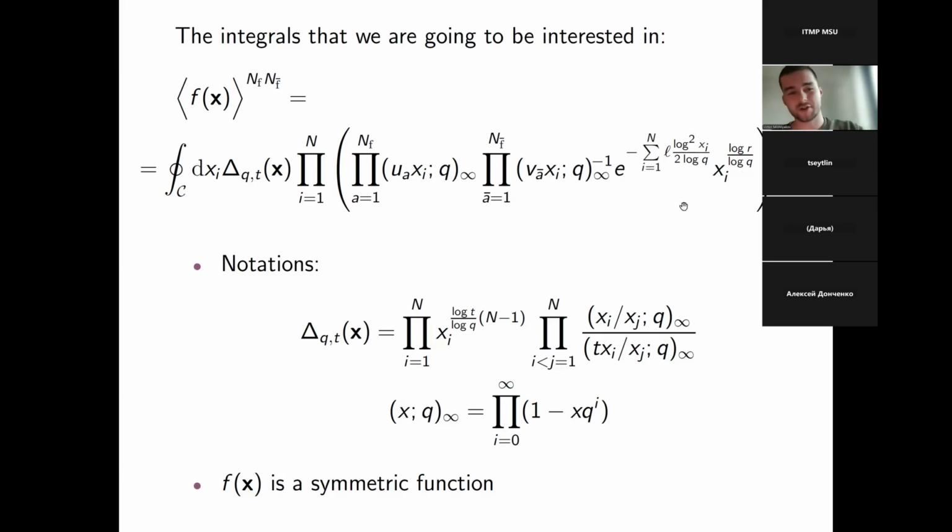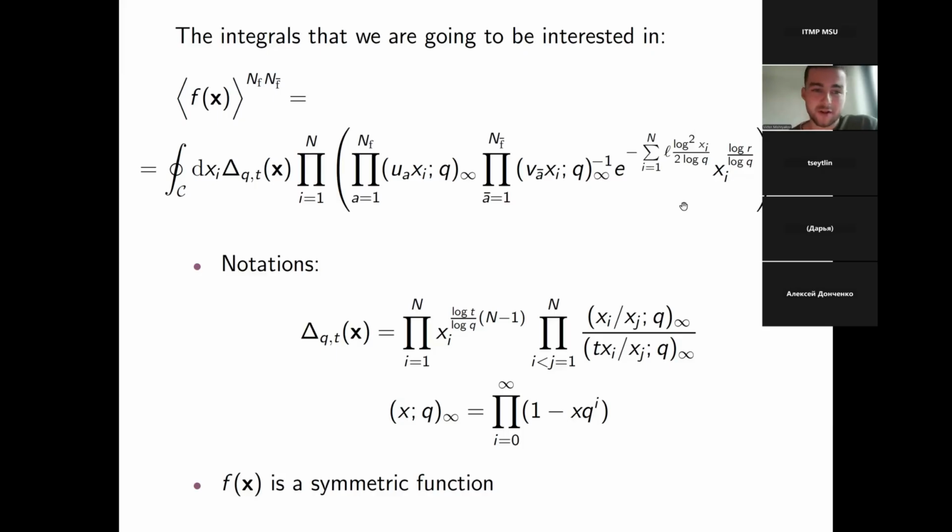So this is going to be the measure against which we are going to integrate any function. In principle, we're going to focus on integrating symmetric functions because that's how they usually appear, and also the measure is symmetric under permutations of all the variables, so we'll choose the functions to be symmetric as well.